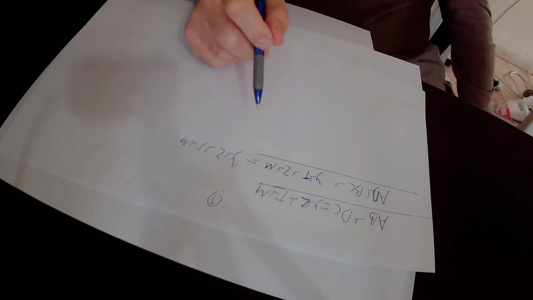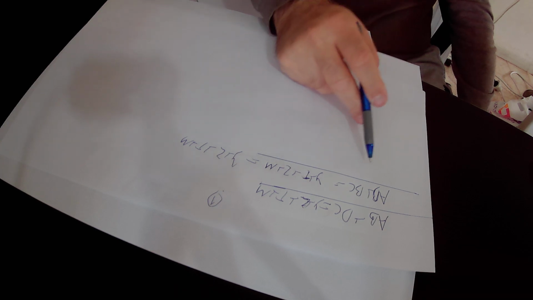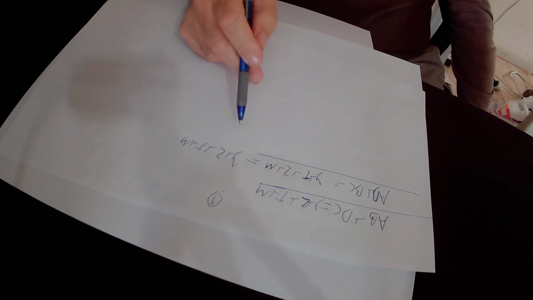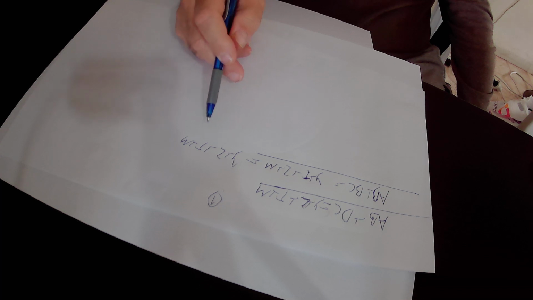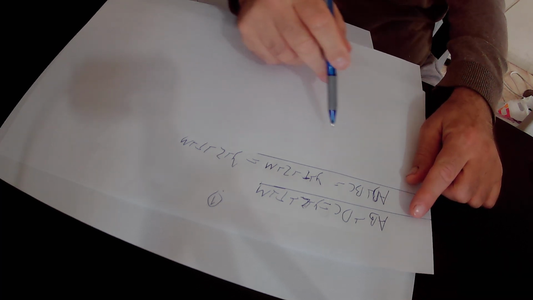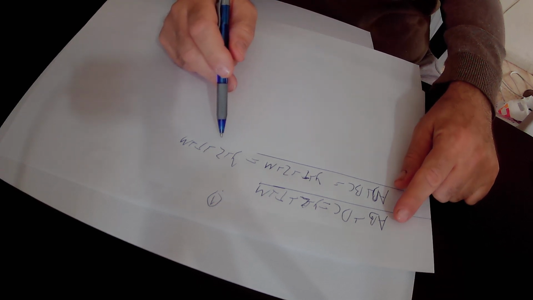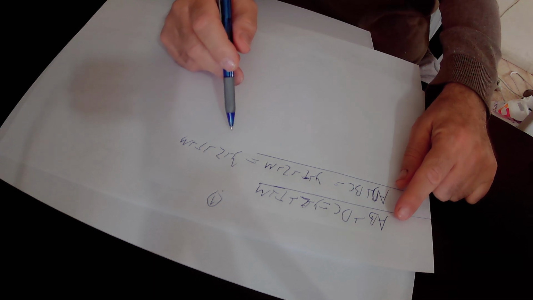So AB plus DC equals Y plus Z plus T plus M, and AD plus BC also equals Y plus Z plus T plus M. Those two expressions are both equal to the same further expression, and therefore they must be equal to each other.